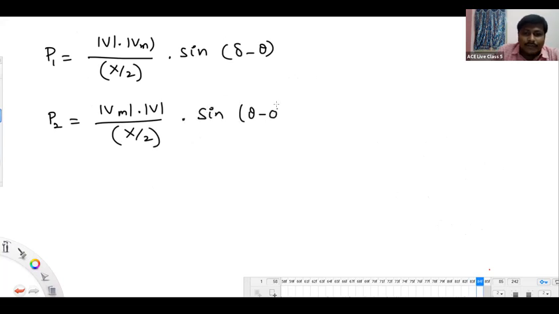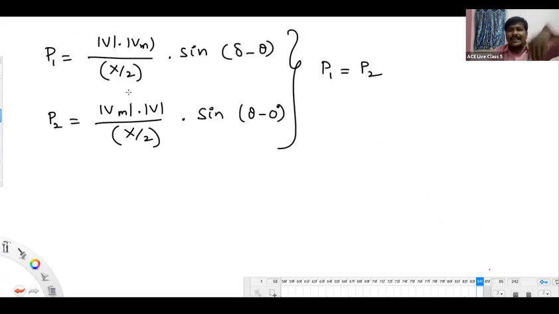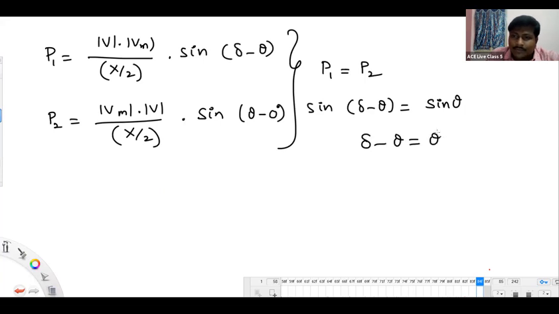See, if you equate these two, P1 and P2 values are equal, means the maximum values will be cancelled out, right? Vm by x by 2, Vm by x by 2 will be cancelled out. The conclusion you can get is sine of delta minus theta equals sine theta. From this, you can get delta minus theta equals theta, means 2 theta equals delta. And how much is theta here?